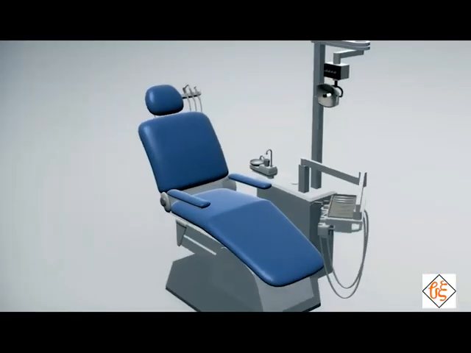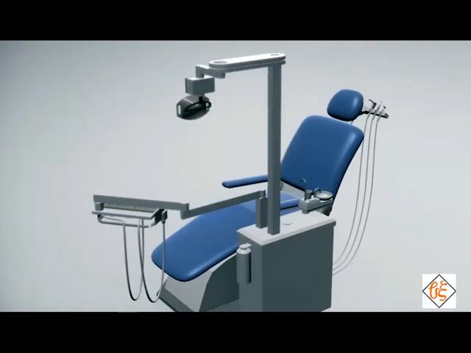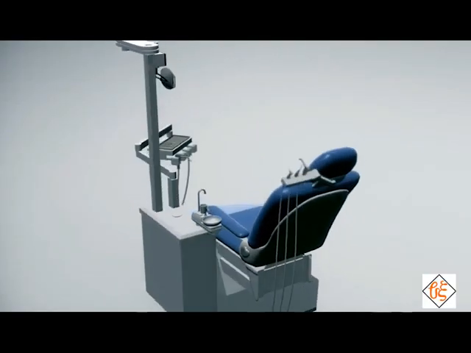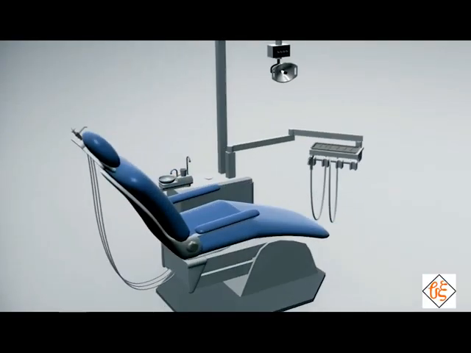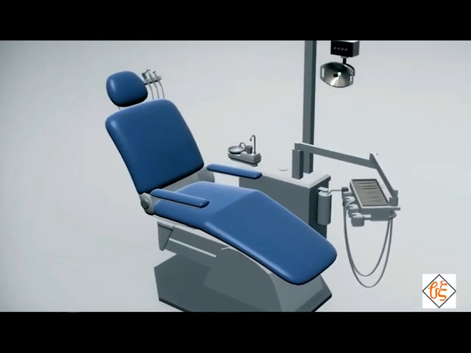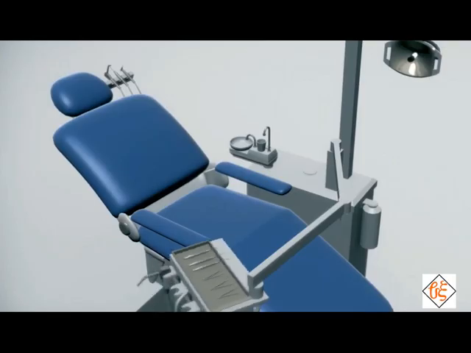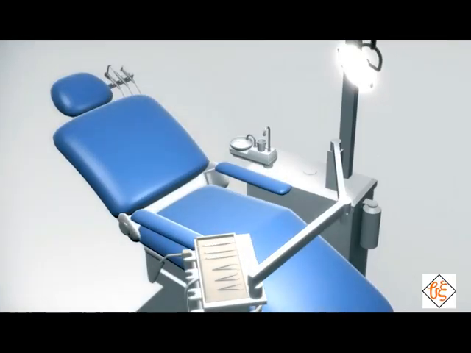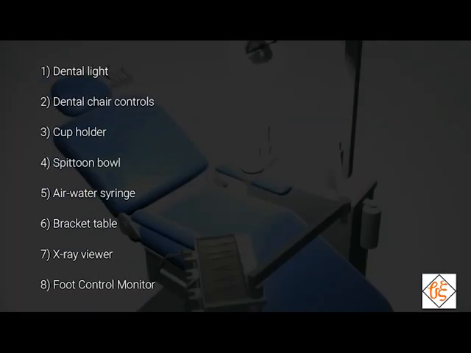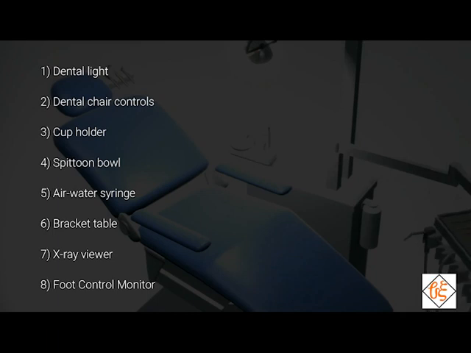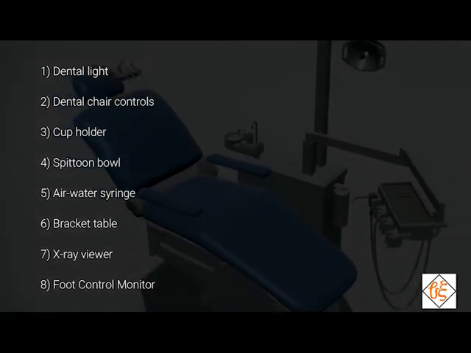There are several components of a dental chair that it might seem overwhelming. However, these components are fashioned in such a way to deliver comfort, convenience, and functionality to the patient, the dentist, and the overall dental procedure. We will be discussing 8 of these components, namely dental light, dental chair controls, cup holder, spittoon bowl, air-water syringe, bracket table, and X-ray viewer.